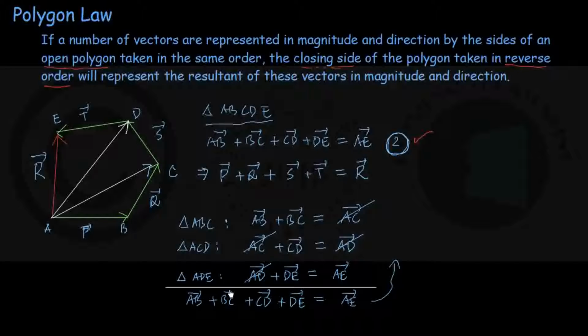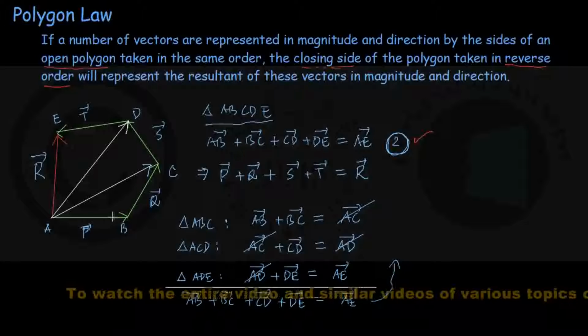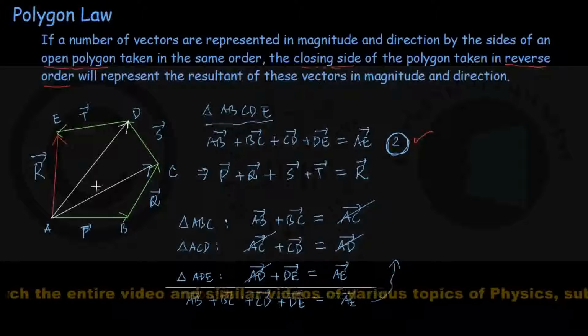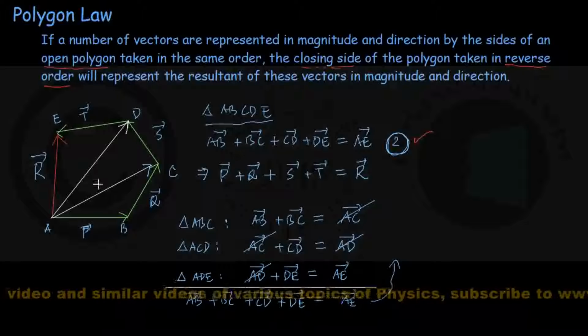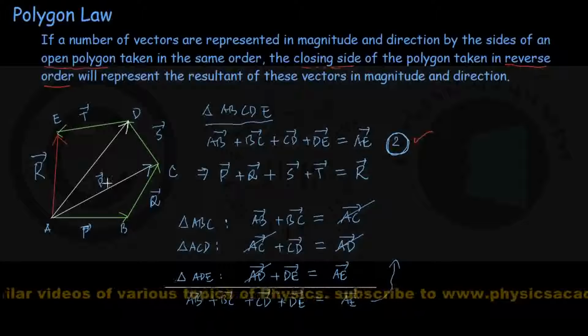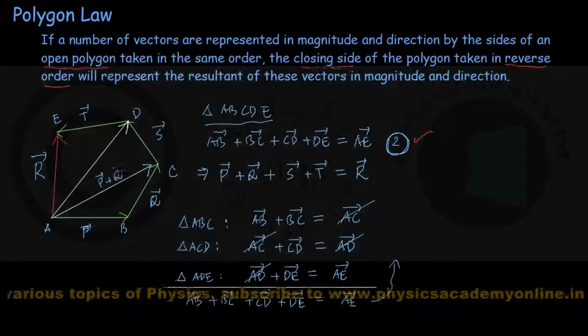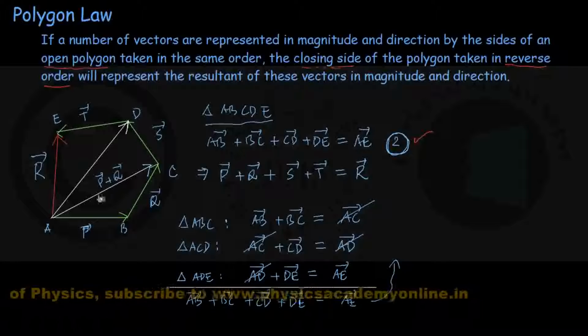So we have proved polygon law with the help of triangle law here, and for the sake of completeness, I might write down what these diagonal vectors represent. AC represents AB plus BC. That means AC is nothing but P plus Q. And then AC plus CD gives you AD.